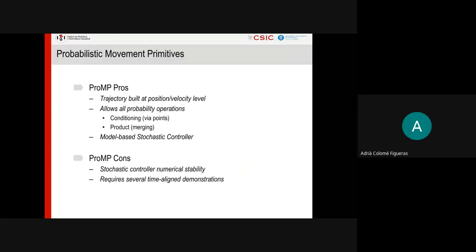And also, a very important thing that we'll see later is that when building such a motion representation, in which we consider the variance over different trajectories for the same task, we require that these trajectories are aligned in time. So basically, we need to rescale the motions so that they are consistent in time.